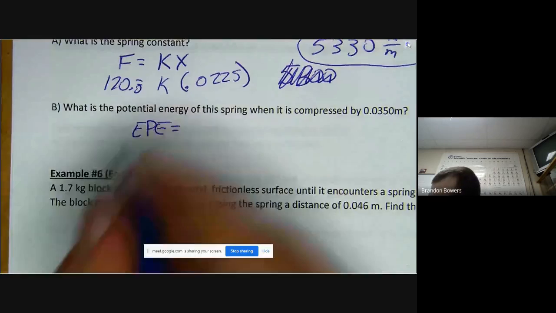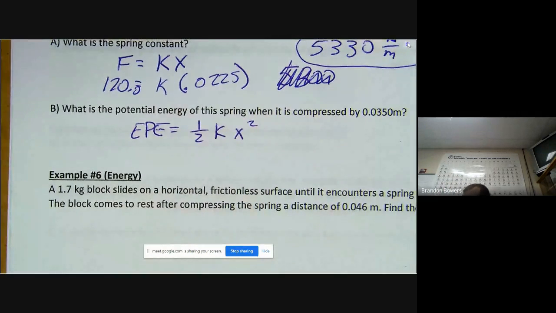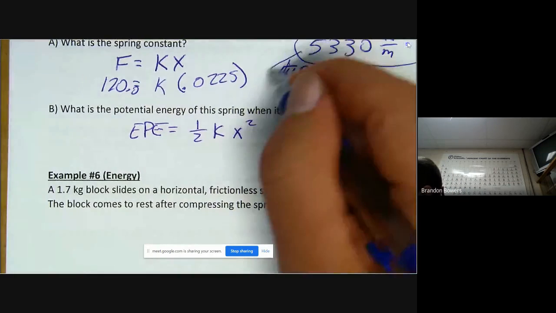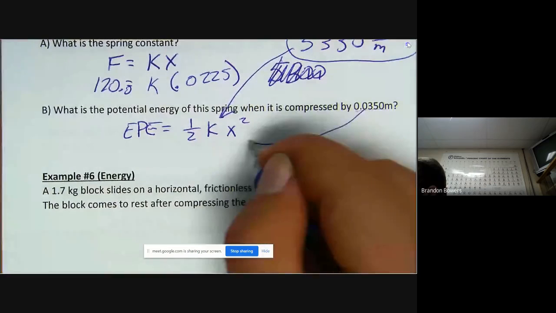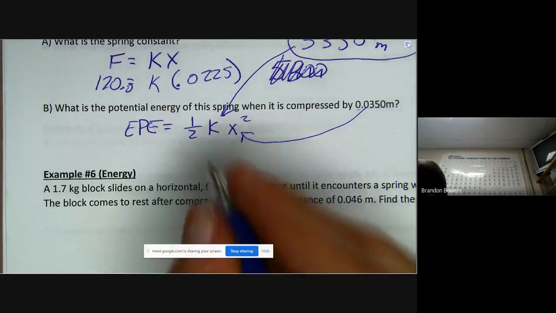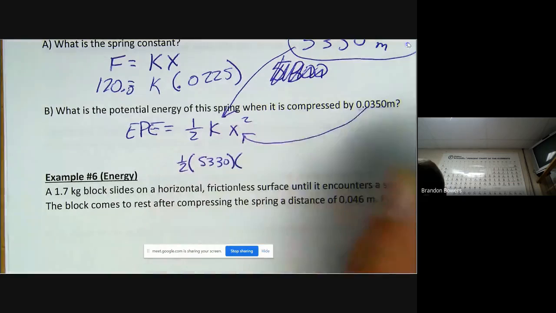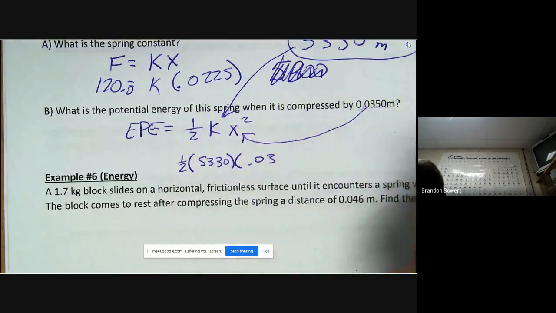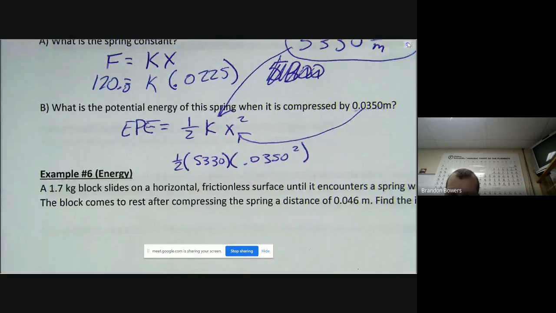That is 1/2 kx squared. I was given k, and I'm given x. So you just have to plug in your numbers. 1/2 of 5,330 times 0.0350 squared. You plug it into your calculator.